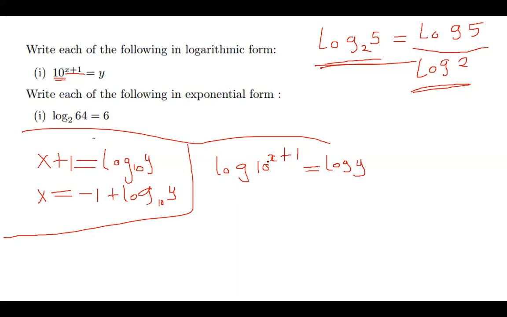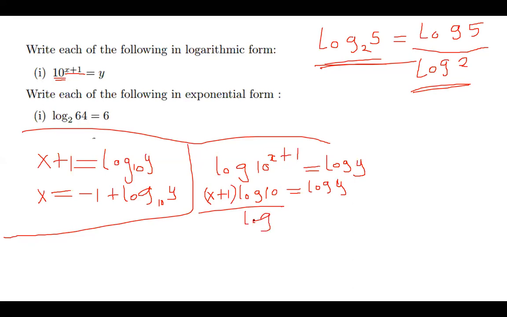We drop the x plus 1 this side in brackets, and then we are remaining with log 10 here. Then this is equal to log y.